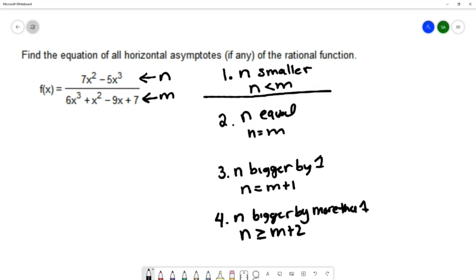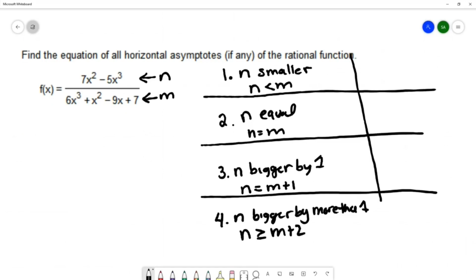Maybe I can make this a little bit neater with a chart. So in the first case, when the numerator is smaller, you're going to have a horizontal asymptote right along the x-axis, which is the line y equals 0.